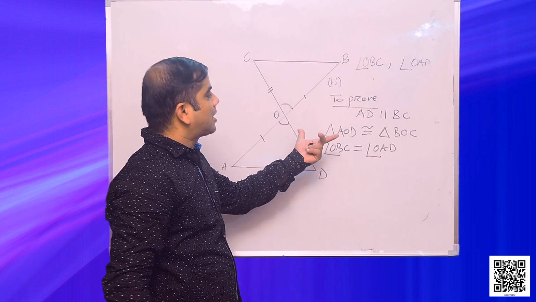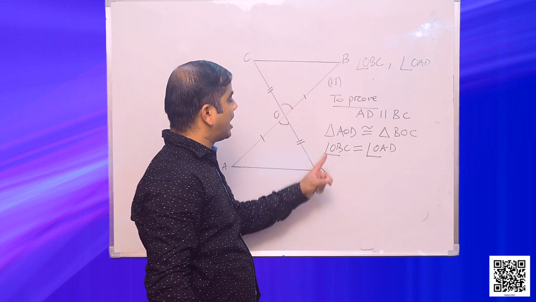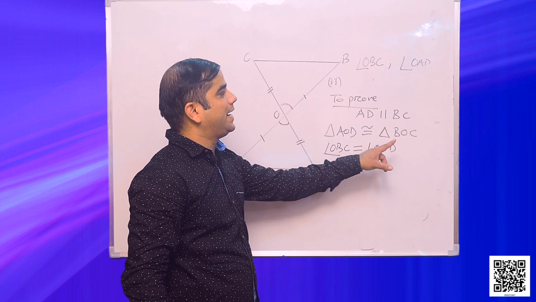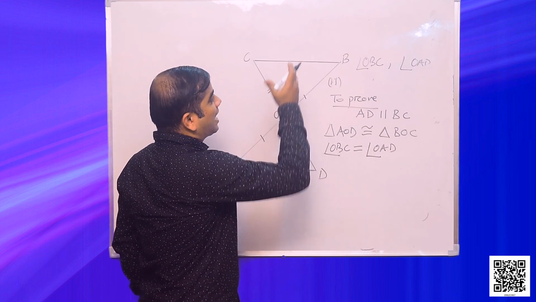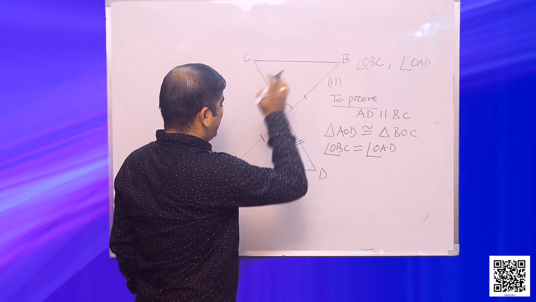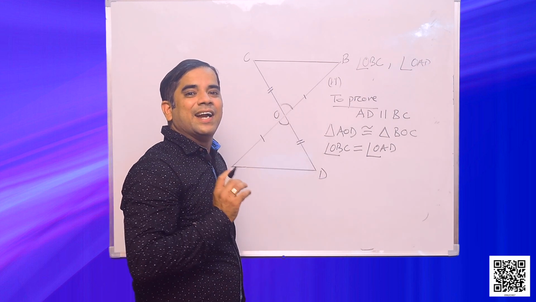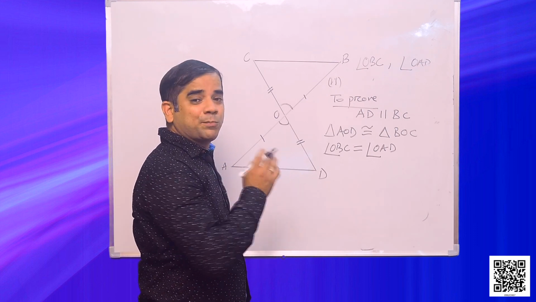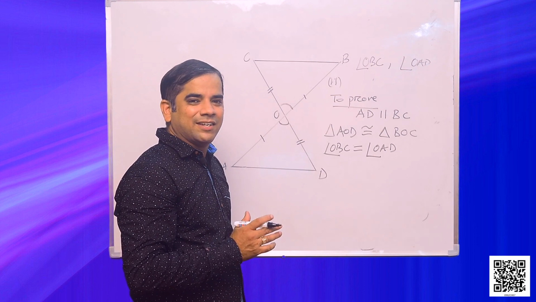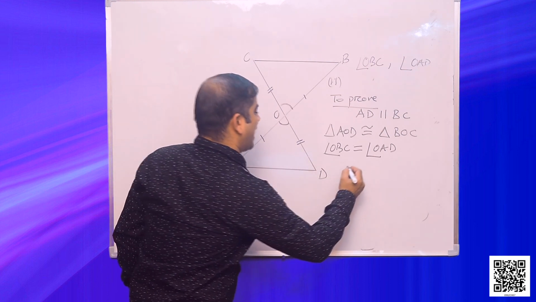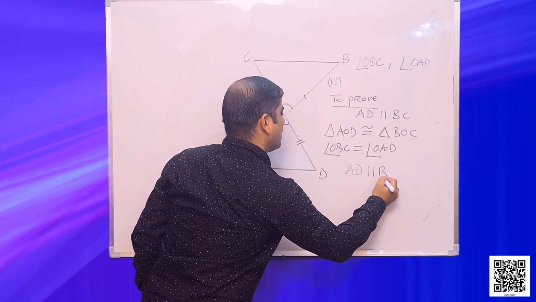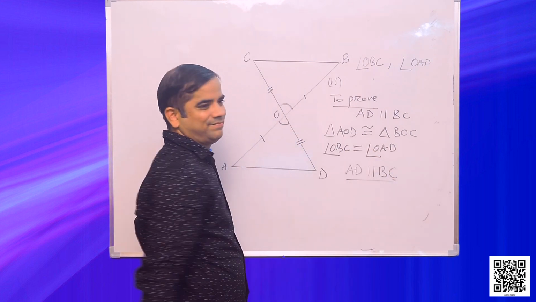From the congruent triangles, we have found that angle OBC is equal to angle OAD. That means as the interior alternate angles are equal, BC is parallel to AD. Okay? This is proved from the concept of parallel lines and transversal. So, we have proved that AD is parallel to BC.